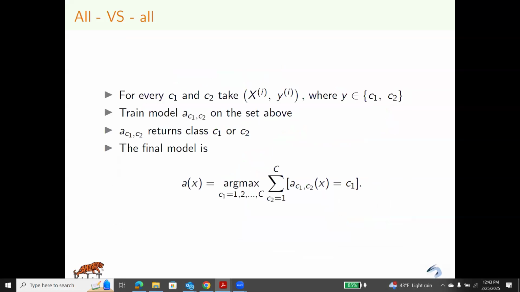Now, I think it's easier to understand. For every pair of our classes, we build a classifier. And in our case, it's just the number of combinations. If we have 3 classes, then we have 3 combinations, like purple versus green, purple versus yellow, 2 combinations, and yellow versus green, the third one.